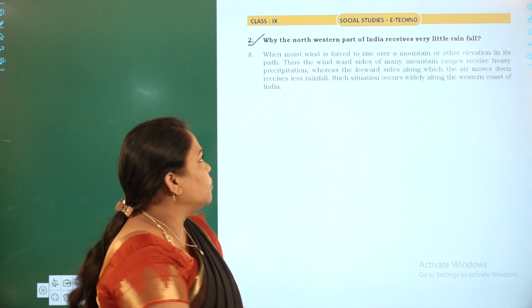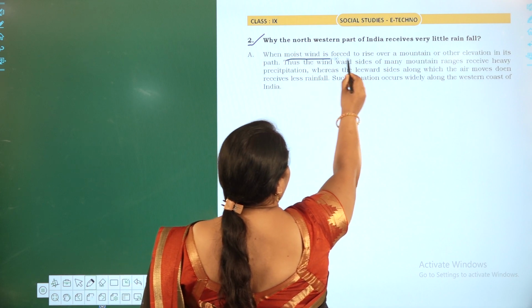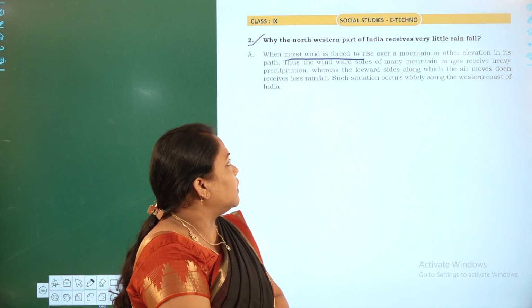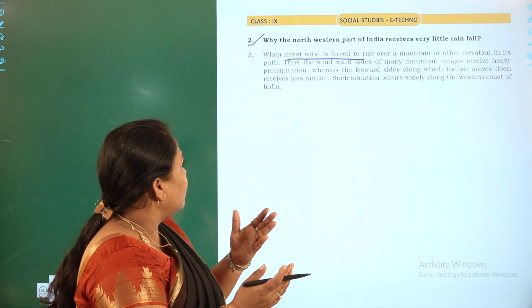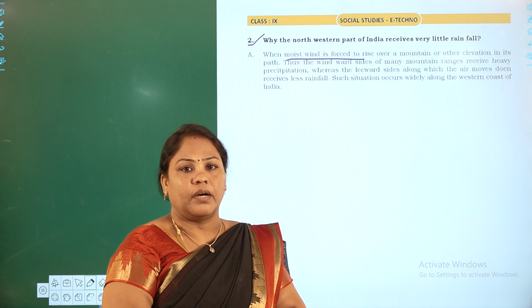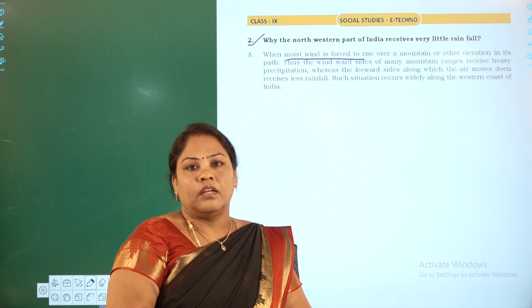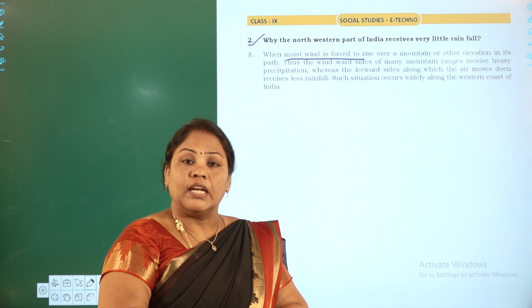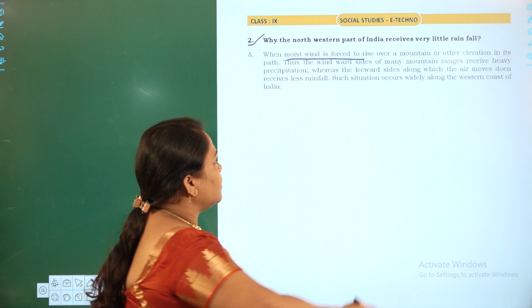When the moist wind is forced to rise over the mountain or other elevation in its path, these winds go to the windward sides of many mountain ranges. We can take the example of Rajasthan, the leeward side of Rajasthan, where we could see this.